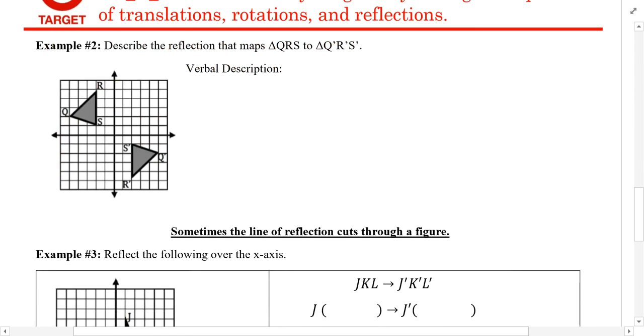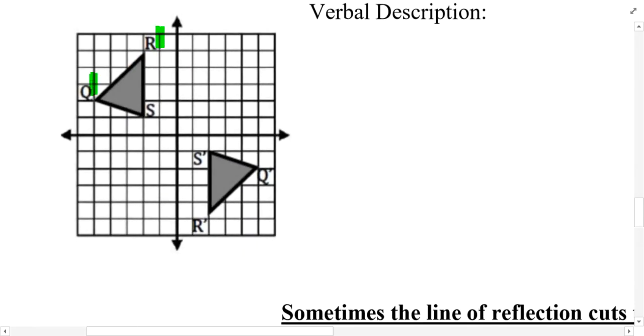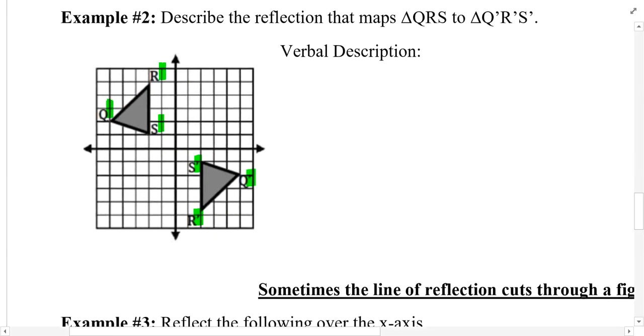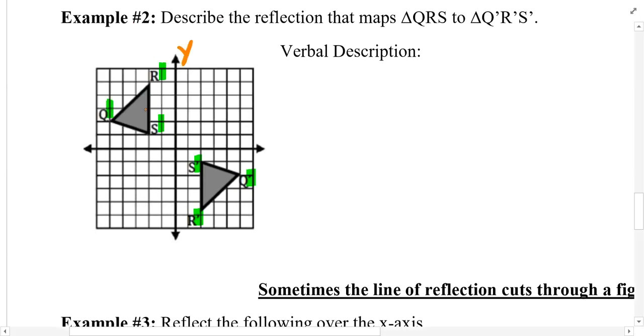Okay, so looking at our example here, number 2 says describe the reflection that maps QRS to the image of QRS. So I can see that my pre-image is here because it has no tick marks, and then my image is here. Okay, and if I am reflecting over the y-axis, let's see, so y would be here. If I were to reflect over the y-axis, my image would be in that first quadrant.